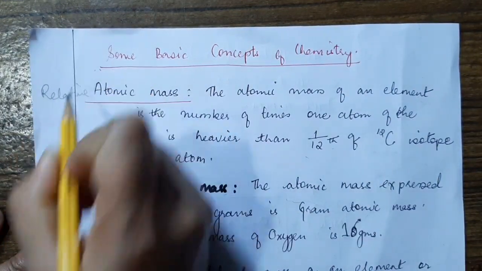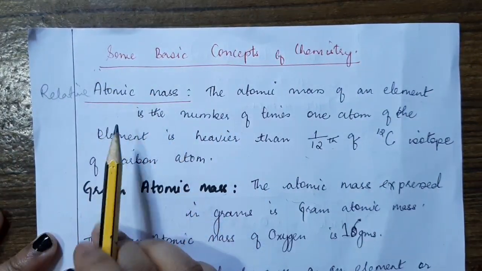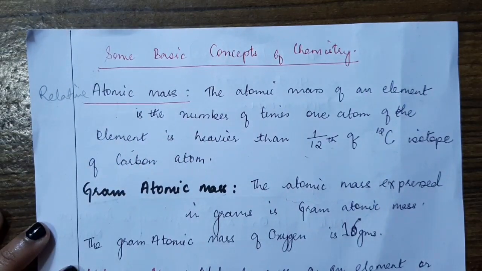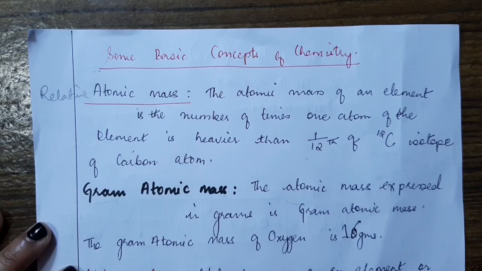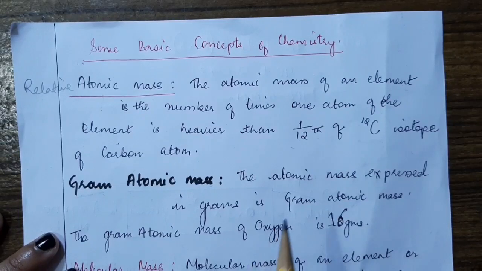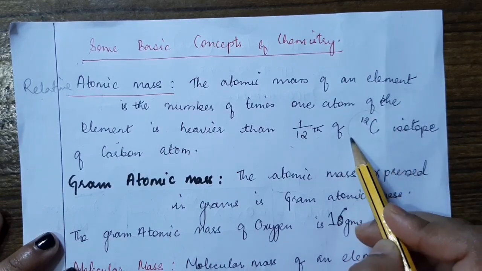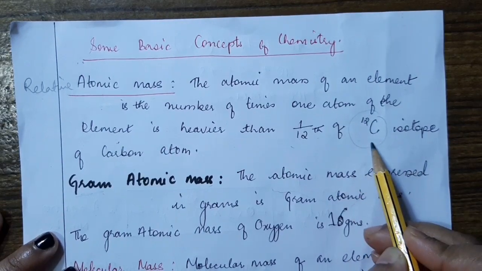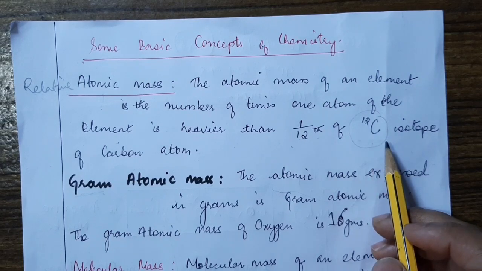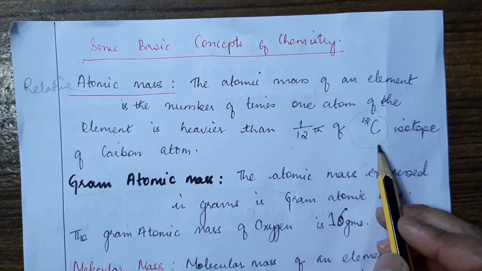mass. Relative atomic mass means atomic mass in relation with some other standard element. The standard element that we are taking is carbon, the carbon atom, and carbon also has got 3 isotopes.